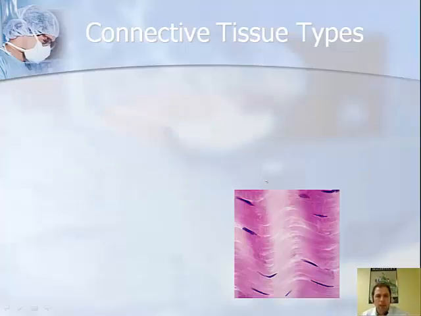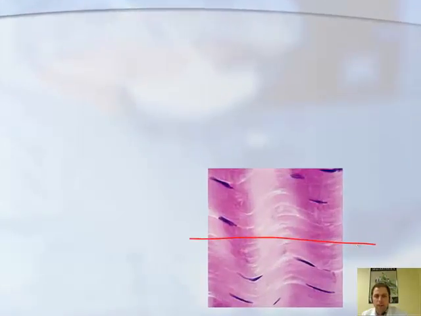Continuing on, we see another collagen-rich tissue with fibroblasts, shown here in purple, separated from one another by collagen that is quite parallel. The more parallel the collagen fibers, the greater strength that is conferred in one direction. And that direction is, of course, along this axis here.